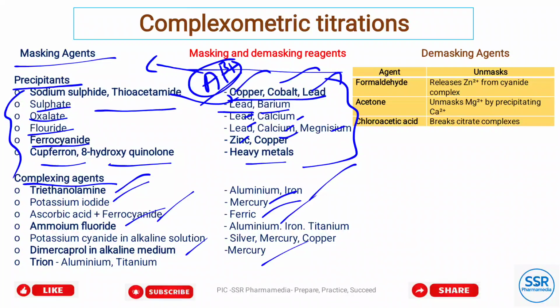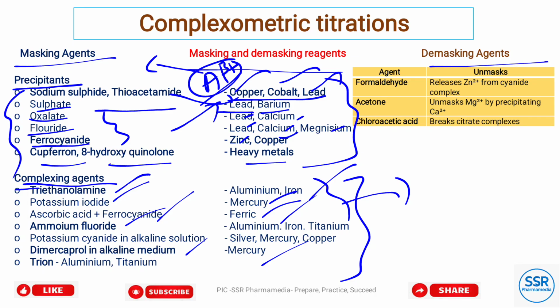So these are all the agents that form complexes with these metal atoms, so they will not interfere in the titration. These are the examples for the precipitants, which convert the copper and cobalt into the precipitate form. But these complexing agents form complexes with the metal atoms.